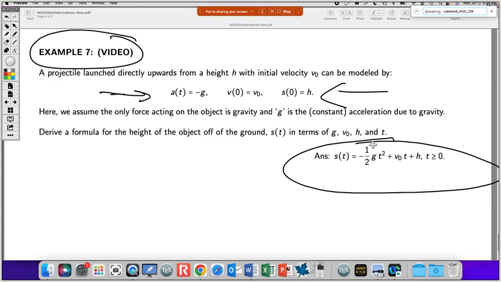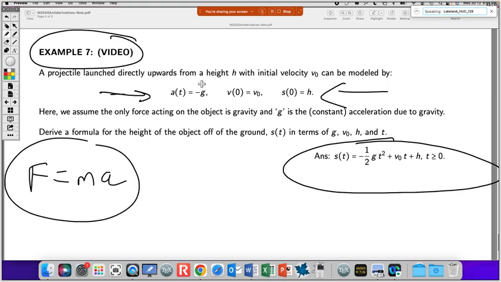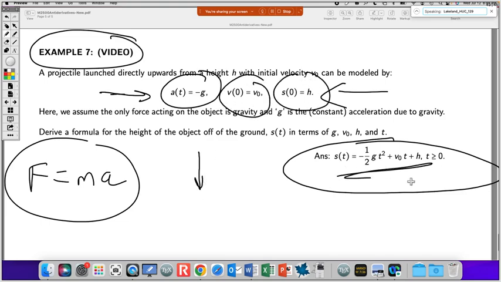You know, the height of a basketball off the ground is given by this if you ignore wind resistance. So we can derive from first principles, force equals mass times acceleration. If the acceleration is gravity, and gravity is acting downward for us, with initial speed and initial height, we can get the formula for that motion, which is pretty cool.